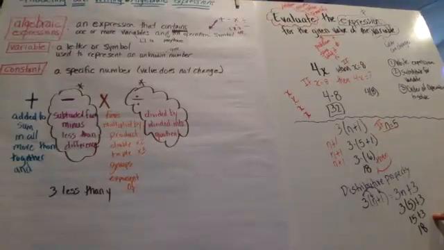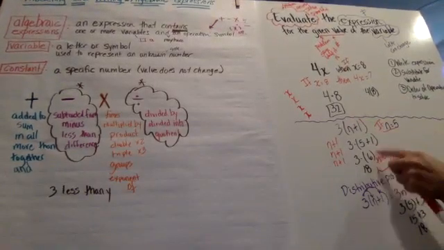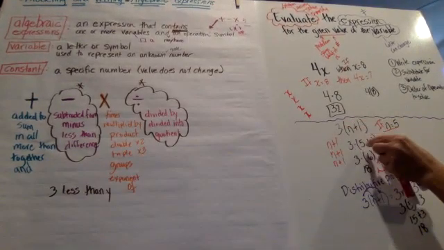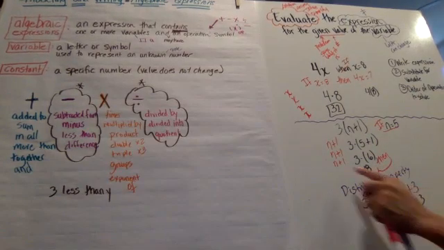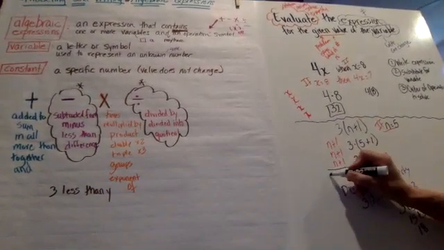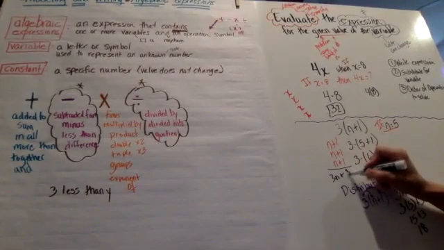So either way you do it, whether you're thinking of it as 3 sets of this, I'm going to figure out what's in the set and then multiply by 3. Or you can say I have 3 n's and 3 1's. If we look at it here, how many n's do we have? 3 n's. And how many 1's do we have? 1, 2, 3.